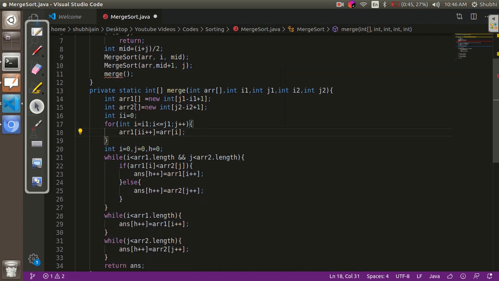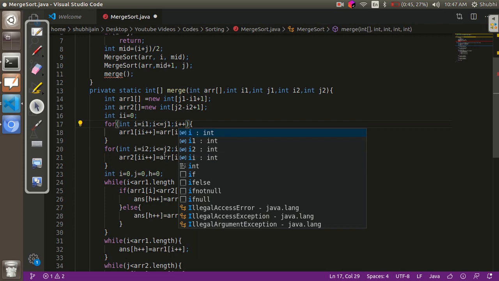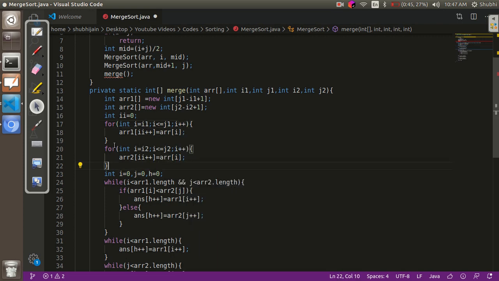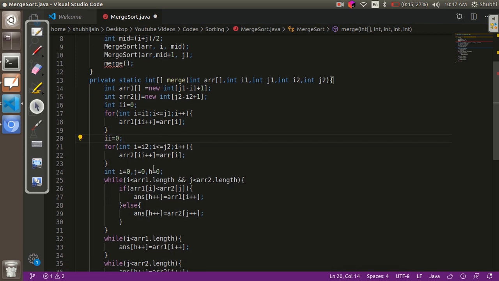So the first array will come over here, and now over here I'll have my second array. Again k has to be made 0. So these two will make sure that the two arrays have come over here.